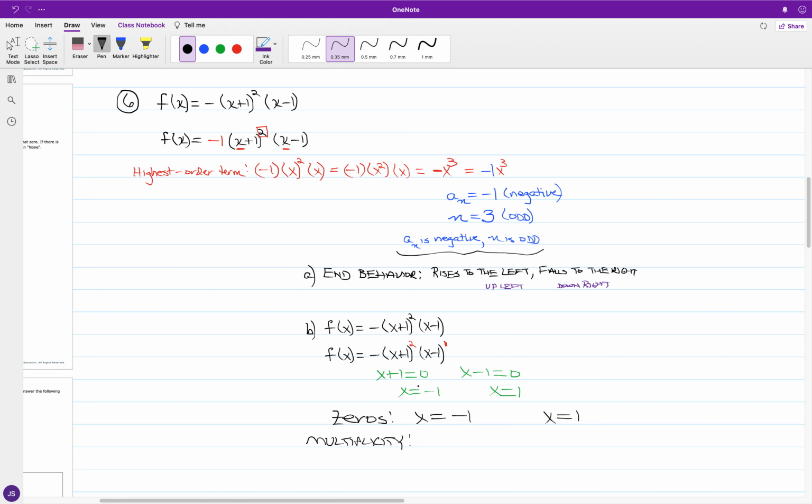And for the multiplicities, okay, so negative 1 stems from x plus 1, which is raised to the second power. So negative 1 has a multiplicity of 2. X equals 1 stems from x minus 1, and that factor is first order. So 1 has a multiplicity of 1.